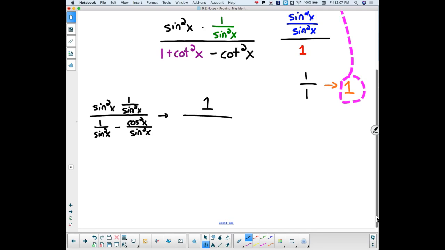Bottom is 1 minus cosine squared all over sine squared. 1 minus cosine squared is sine squared. Sine squared divided by sine squared is 1. So you got 1 over 1, which is 1.